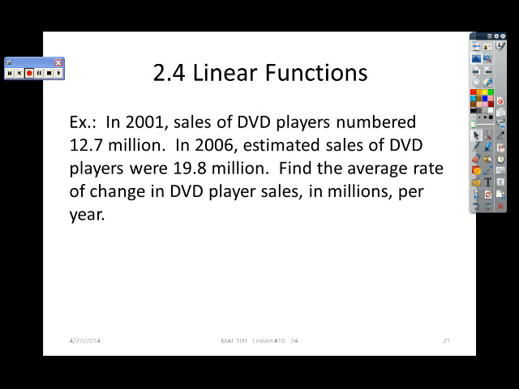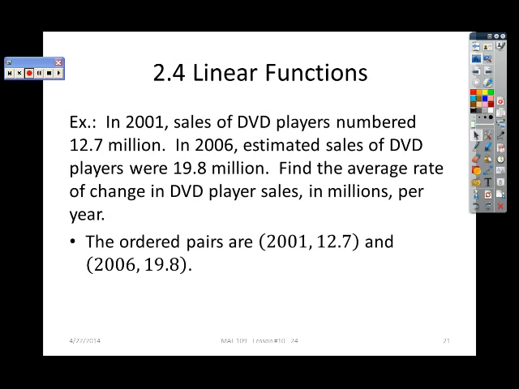It's going to kind of bounce up and down depending on the economy. But we can get an average rate for that by picking those two endpoints. You look at those as if they are ordered pairs. In 2001, you had 12.7. That's a relationship between those two numbers, therefore it's an ordered pair. Similarly, in 2006, you have 19.8.